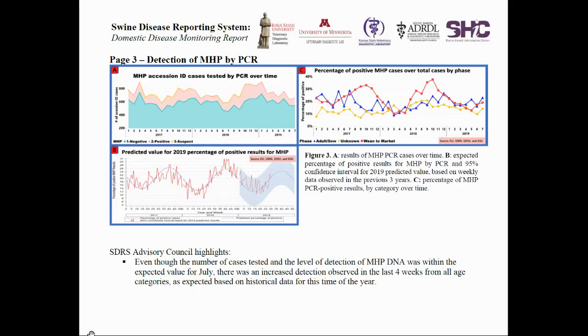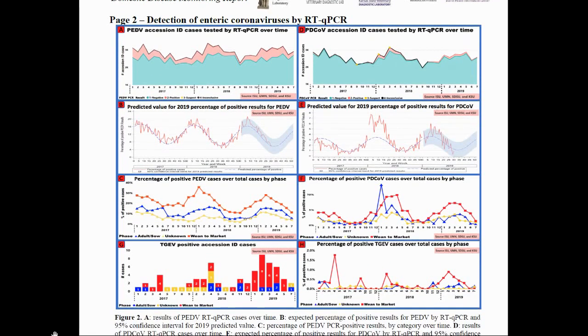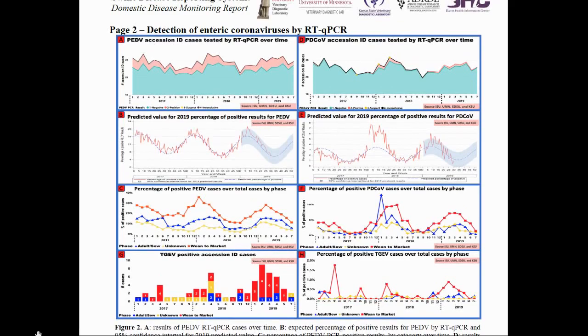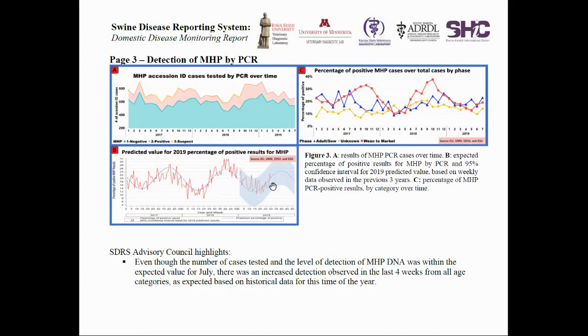Yeah, just a curiosity here: if you look at the Delta coronavirus, the PED, the Mycoplasma, and the PRRS 2, it's amazing how the observed percentage of positives falls within the band forecasted by the cyclic regression model, right? So it has been really useful to understand.